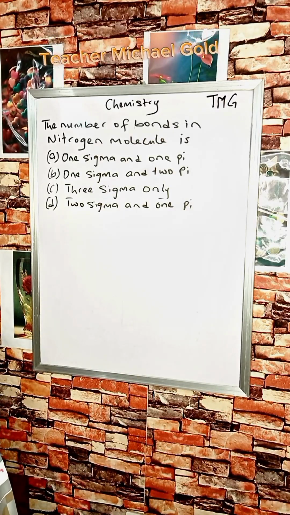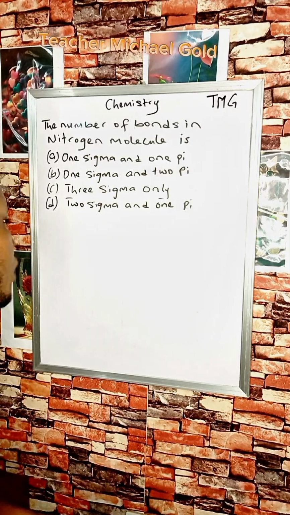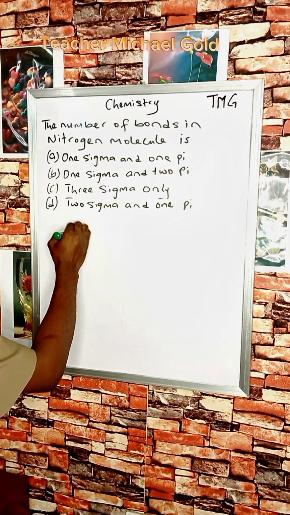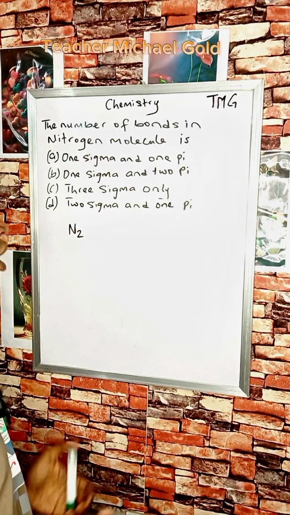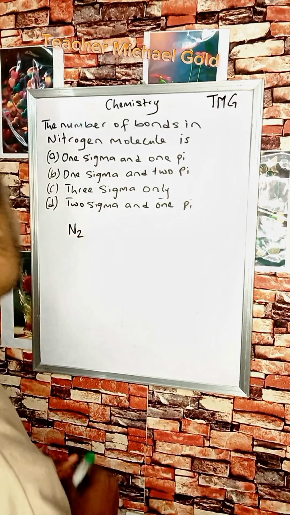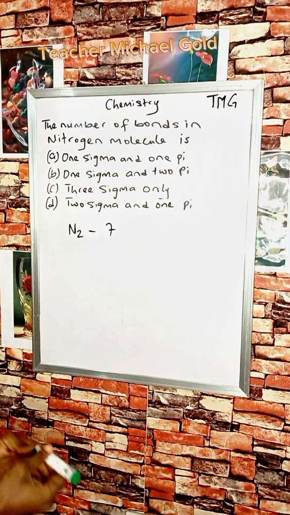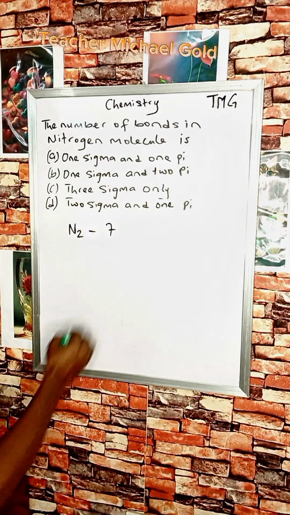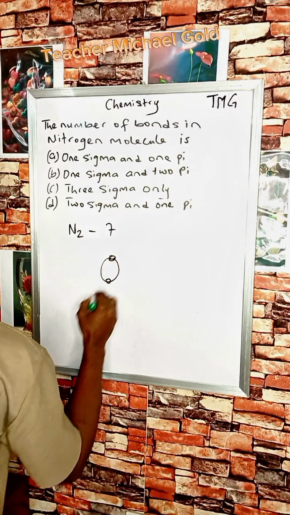So if you look at this question on the board, when you ask about the nitrogen molecule, you're talking about N2, because nitrogen is one of the diatomic molecules, and nitrogen has atomic number 7. On the shells of nitrogen, the first shell has 2 electrons, which is the 1s orbital.